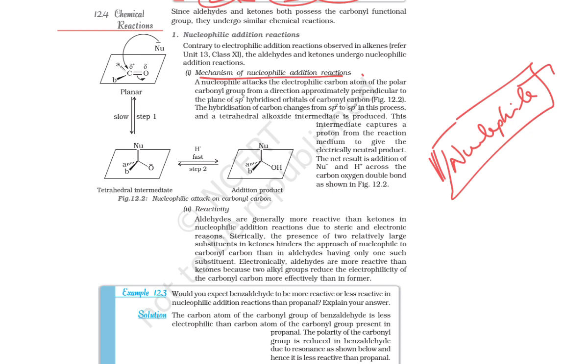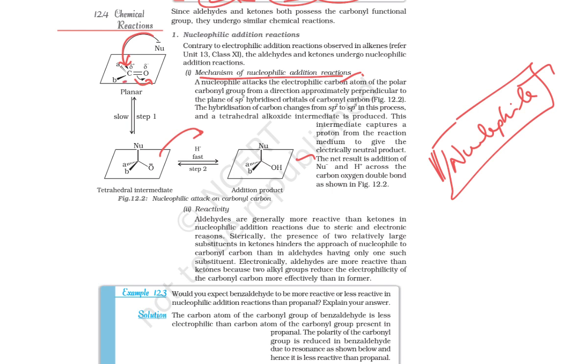So the mechanism of nucleophilic addition reaction: your nucleophile attacks the electron-deficient carbon. At that time the pi bond moves over to the oxygen, and this oxygen abstracts the proton, forming OH. Clear? Your nucleophile attacks the electrophilic carbon, because the carbon is electron deficient and the nucleophile is electron rich.